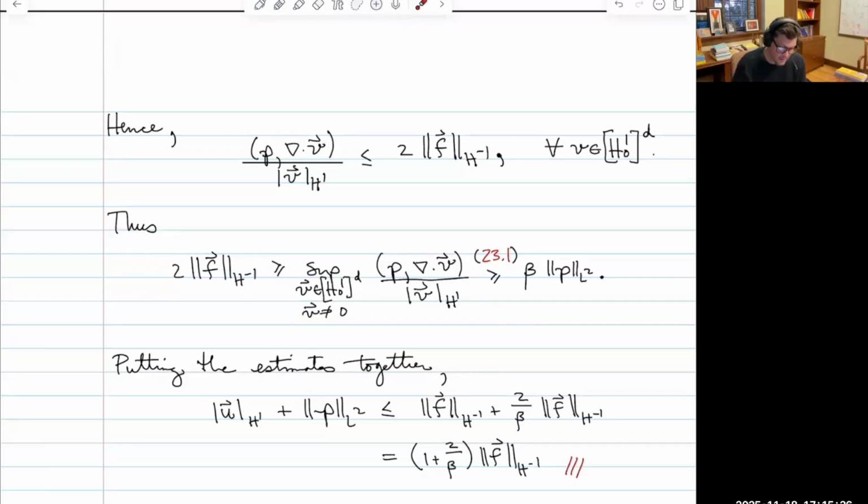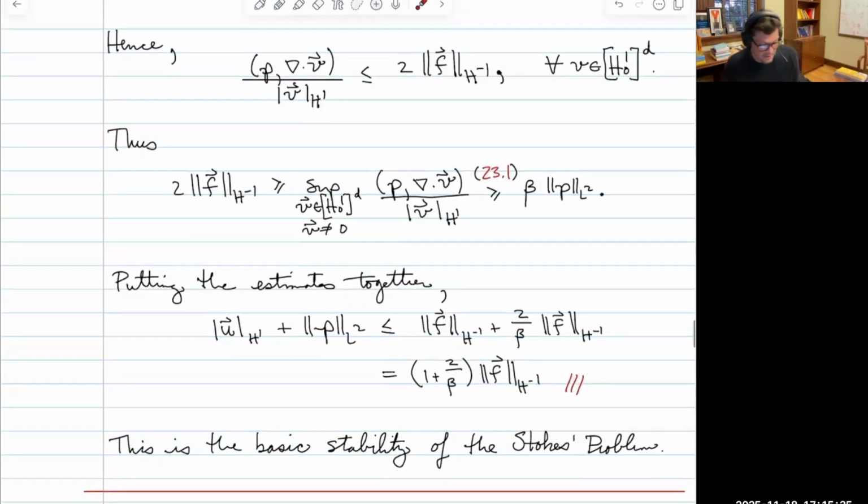And now our inf-sup condition tells us that this is greater than beta times the L2 norm of p. We did all that work, and there's no other easy way to do this, to get a bound of the pressure by some object which looks like this. So now we're going to put the two estimates that we have together. We already know that this H1 seminorm of u is less than the operator norm of f.